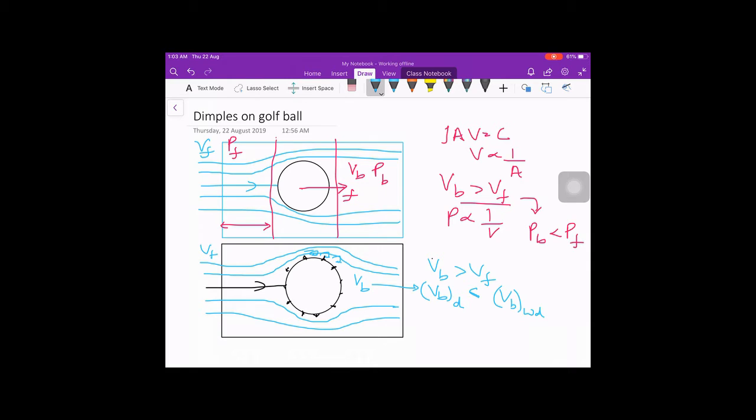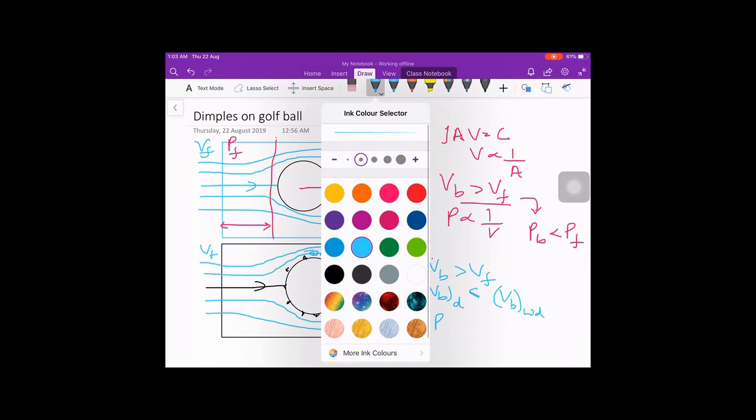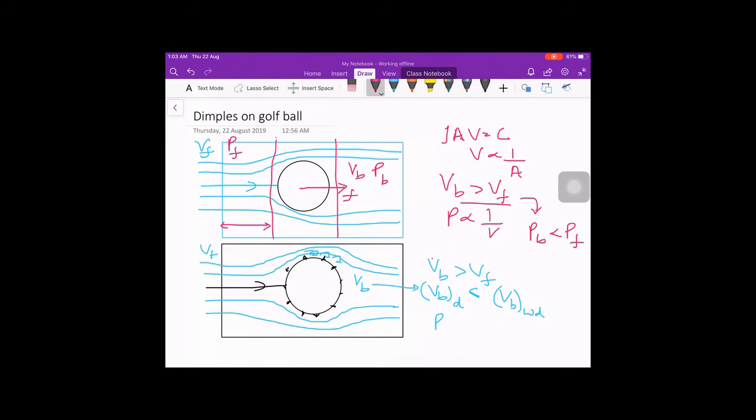So now the pressure behind the ball in the dimples case is greater than the pressure behind the ball without dimples.